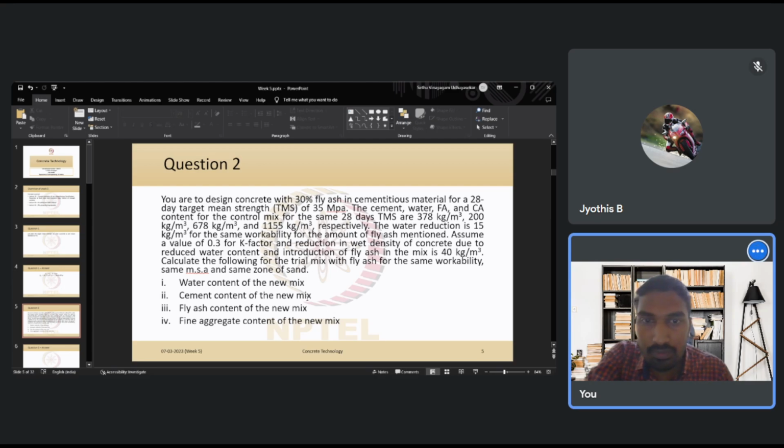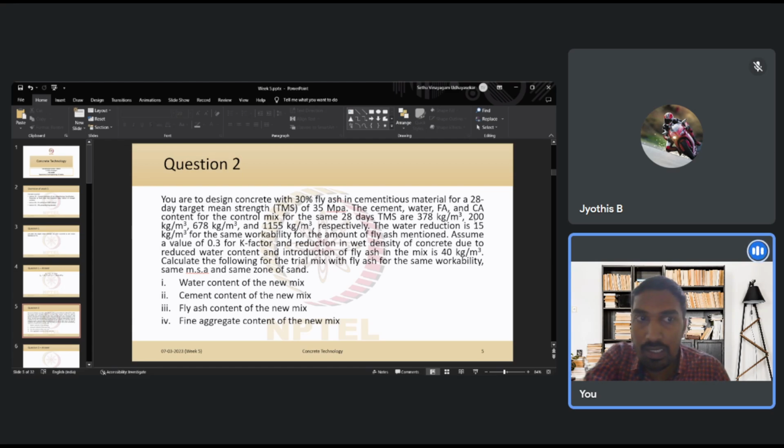So the water content, cement content, fly ash content and fine aggregate content of the new mix should be determined. Basically we have all the details that we need for a control mix. What is this control mix? Control mix is without any fly ash, so it's just water, cement, fine and coarse aggregates. For that control mix, we know the content of these 4 components and its target mean strength. Now we want to add some 30% fly ash.